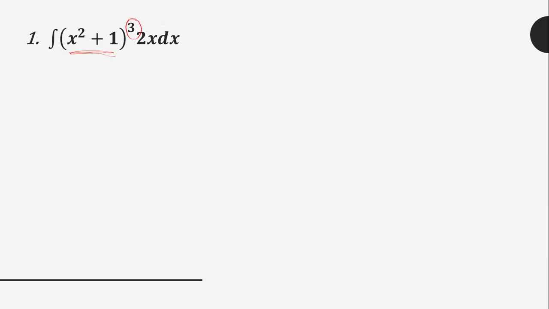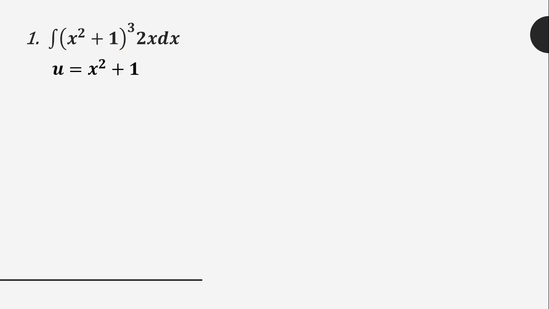So whenever you encounter problems like that, and there is another function after, these are usually solvable using integration by substitution. So we will let this value, the one with the exponent, as the u function. So we let u as your x squared plus 1.